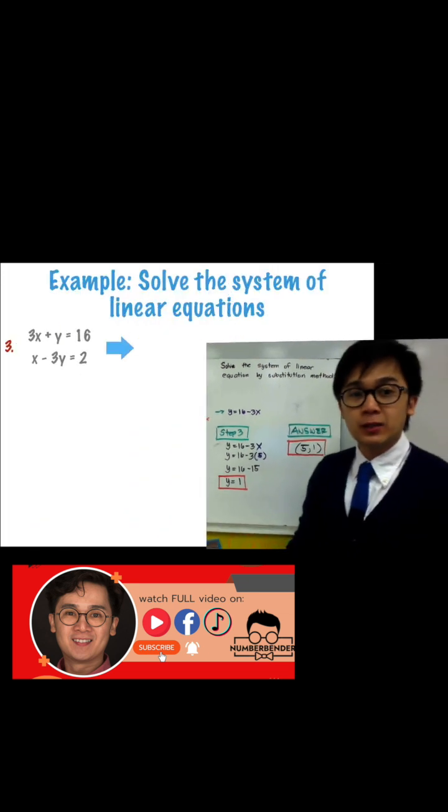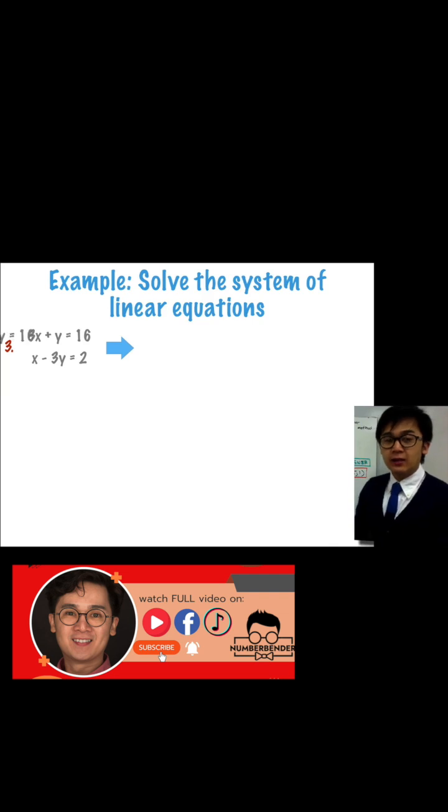So given the same linear system, I decided that I'm going to change line 2 instead. And now my line 2 from x minus 3y is equal to 2, adding 3y on both sides will give me x is equal to 3y plus 2. So that means on my second step, I will use 3x plus y is equal to 16 and replace x by 3y plus 2.